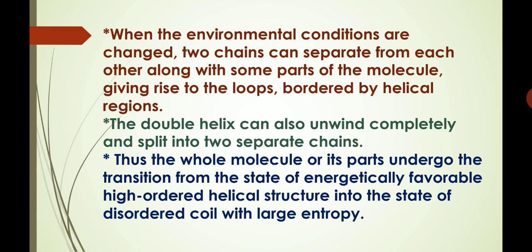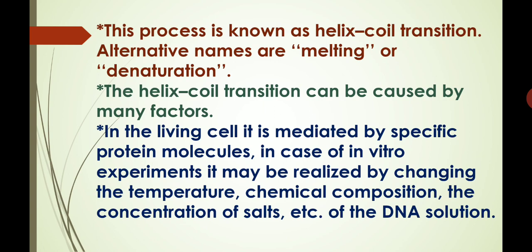Thus, the whole molecule or its parts undergo the transition from the energetically favorable, highly ordered helical structure into the state of disordered coil with large entropy. This process is known as helix coil transition. Alternative names are melting or denaturation.